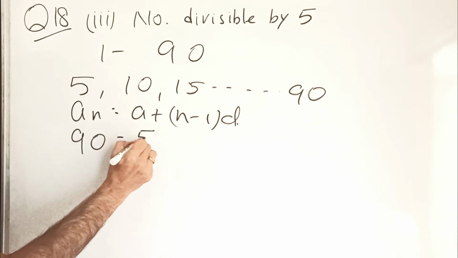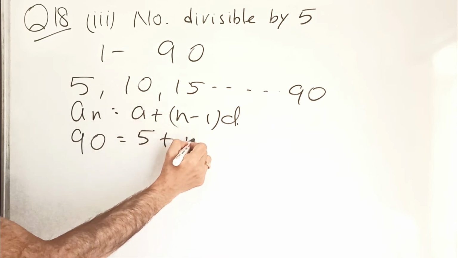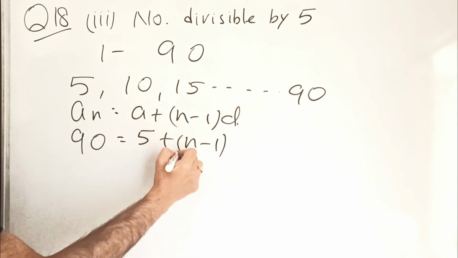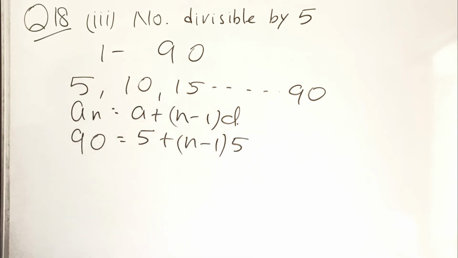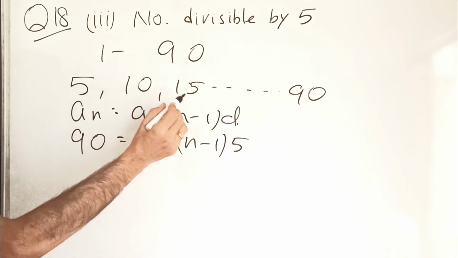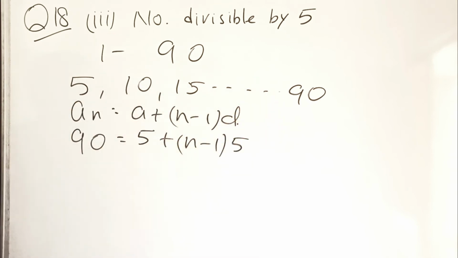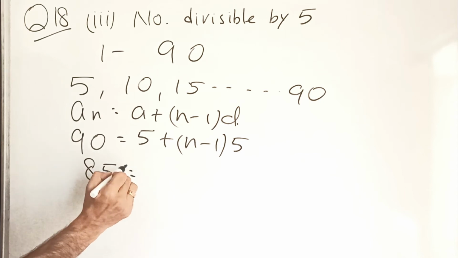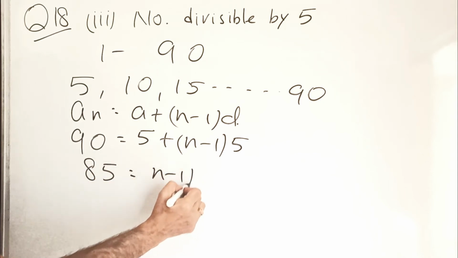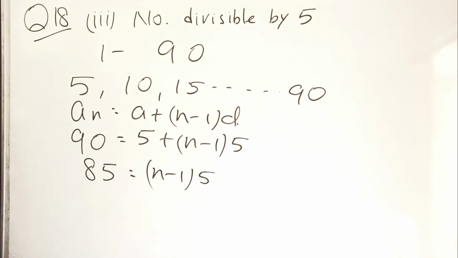First term is 5, and we need to find the common difference among these numbers, which is 5. This is forming the arithmetic progression. So this will come here 85 = (n - 1) into 5.